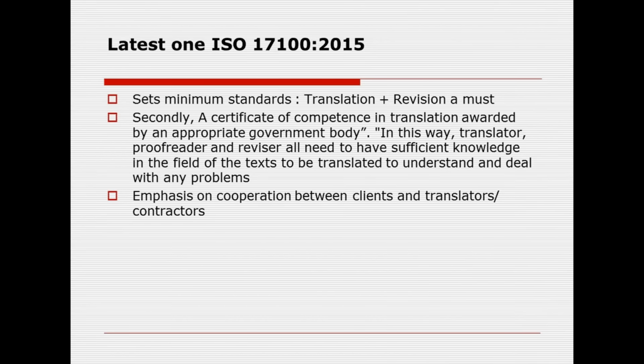The basic criteria of this is that translation plus revision by a second person is a must, and a certificate of competence is required from the appropriate government body. It means a translator must have a certificate of competence, and the same applies to a proofreader or a reviser.